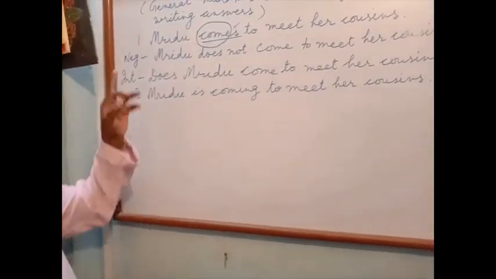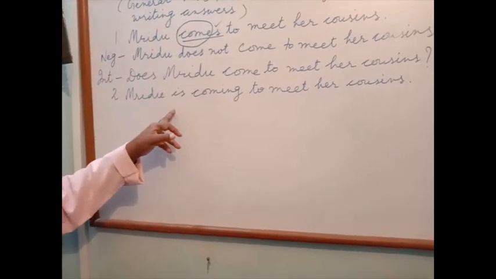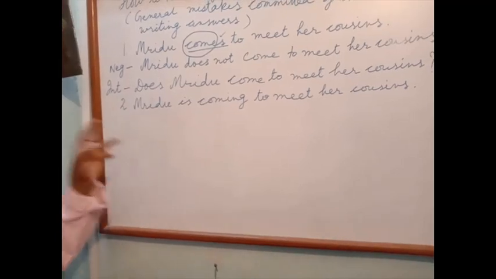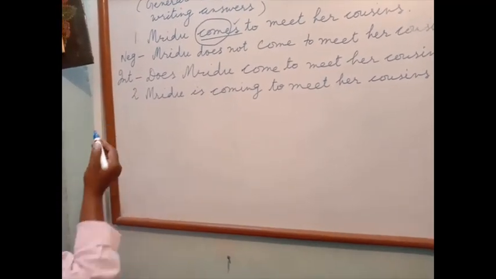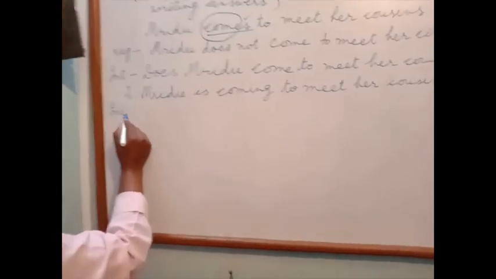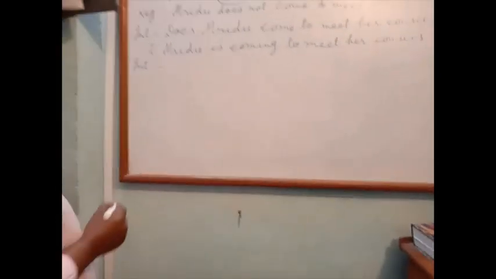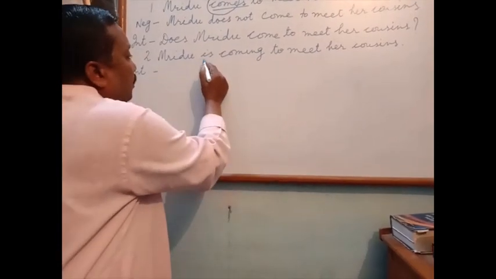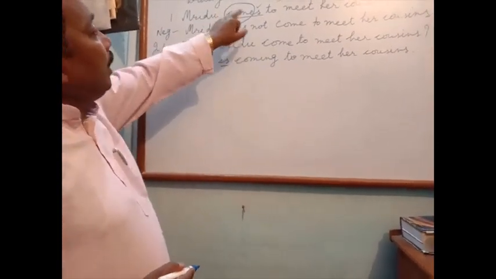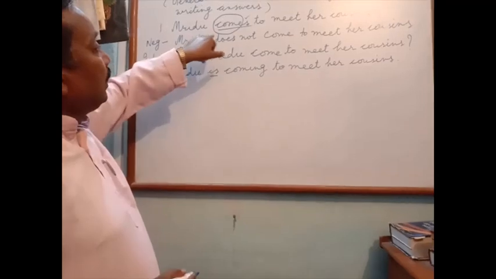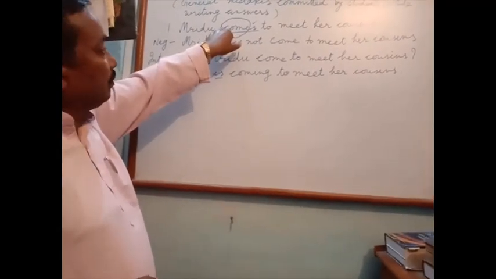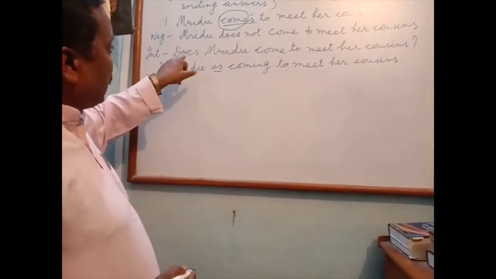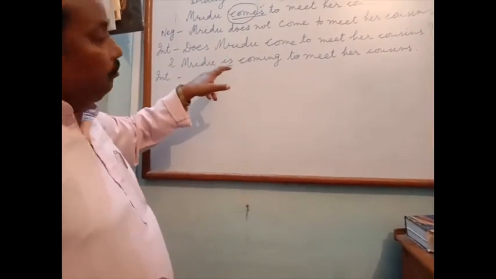Now we have to change it into interrogative. First interrogative, then negative. In this sentence, we find the helping verb here. And in the earlier sentence, the helping verb was hidden, so we took out does. Here, no problem.